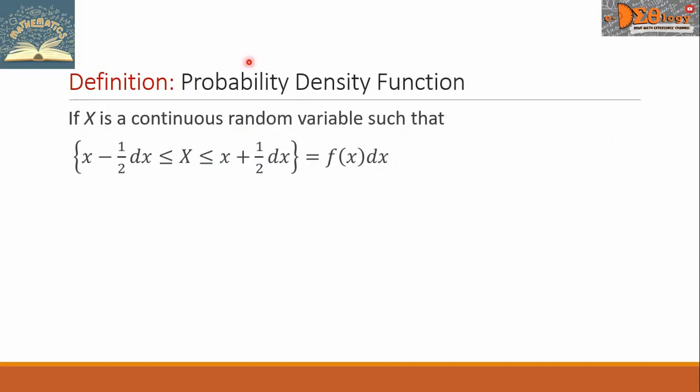Let us define probability density function.